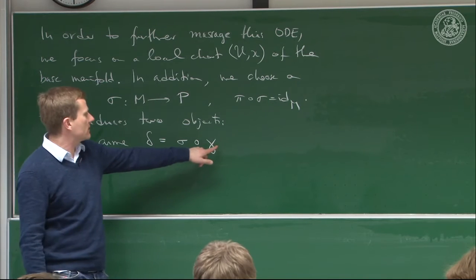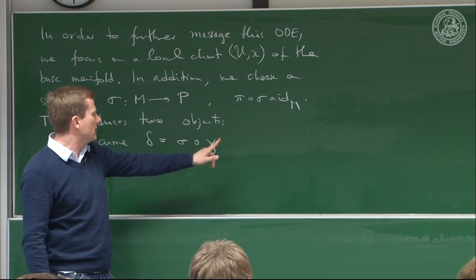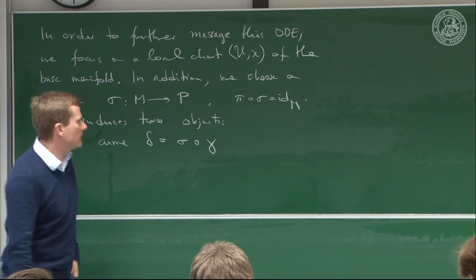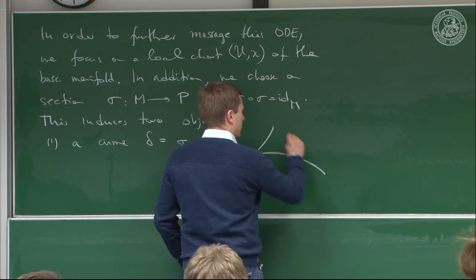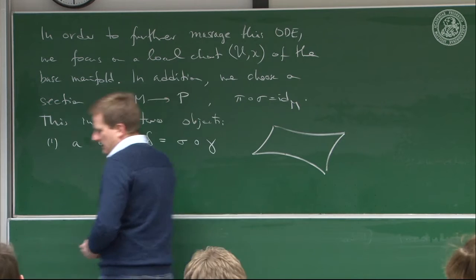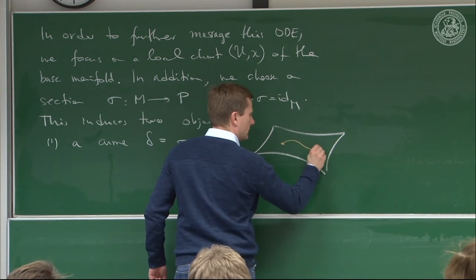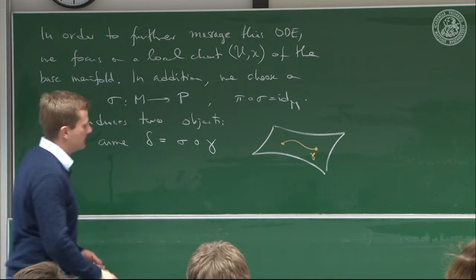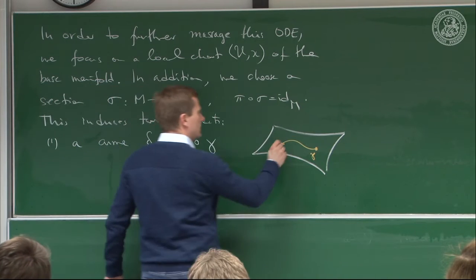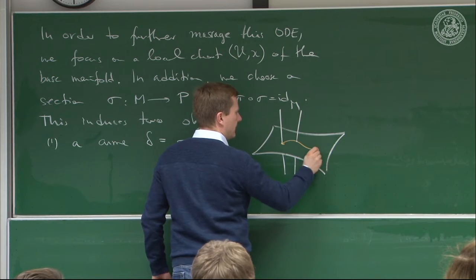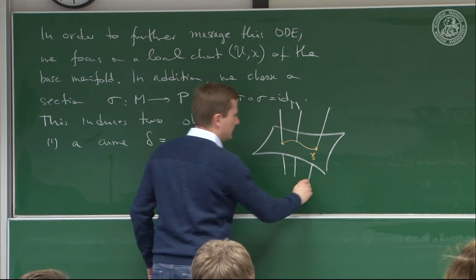So remember, we want to calculate the horizontal lift of gamma. So gamma is given in the base manifold. Now we have a section sigma. So maybe I draw a picture again. So we have our curve gamma in the base manifold from one point A to another point B. We clearly move along a number of fibers on the way.